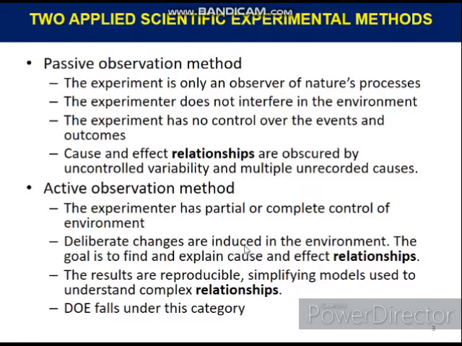Deliberate changes are induced in the environment. The goal is to find the cause and effect relationship. So in the active observation methods, basically you induce the change in the environment.